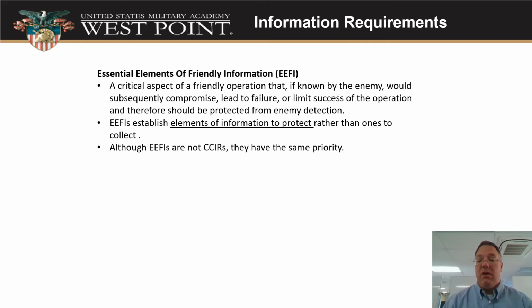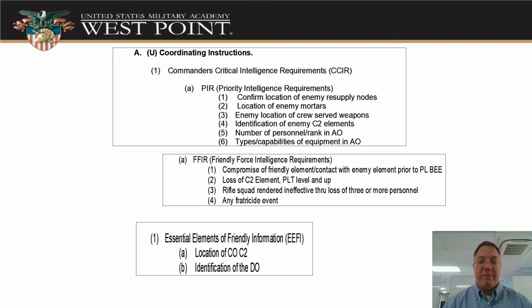I don't want them to know that I've got extra Javelins attached to me, or that I've got the 240s broken out into all the squads, or who my decisive operation is. I don't want them to know that because I don't want them to be able to plan for it. EEFIs are things I want to protect and keep the enemy from knowing.